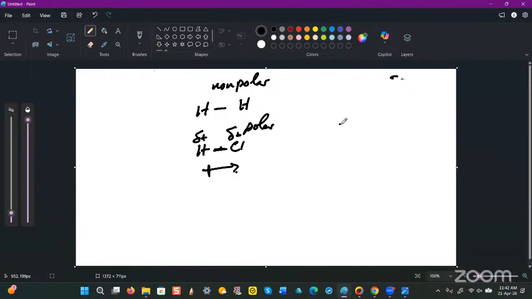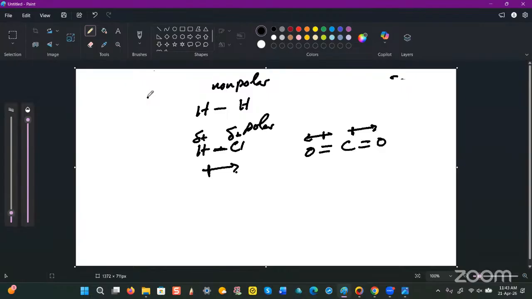All right? Now, if you have carbon dioxide, right? Let's look at this molecule here. Oxygen is more electronegative than carbon, right? So for this bond here, the dipole or the polarity will be acting in that direction. For this bond, the polarity will be acting in that direction. All right?